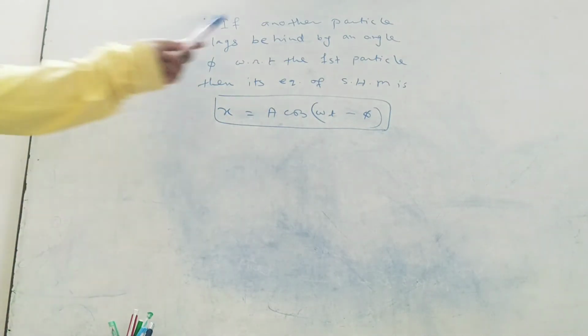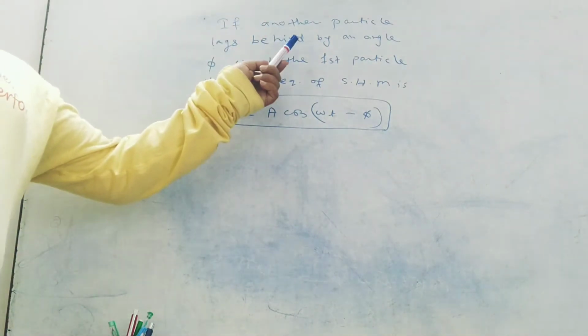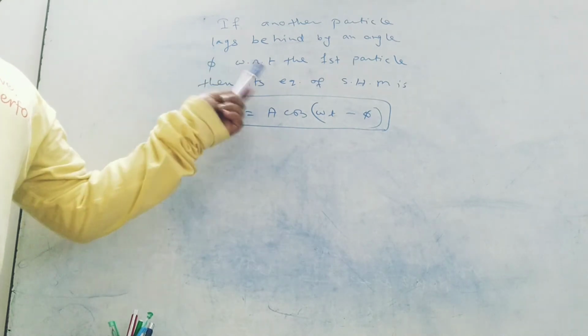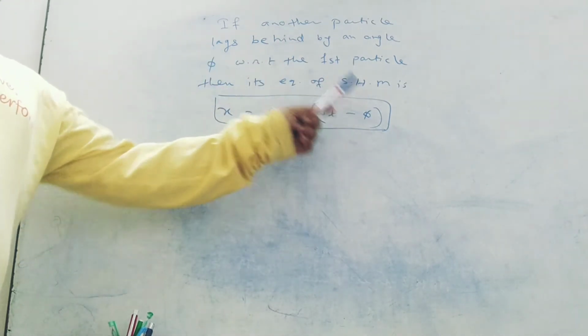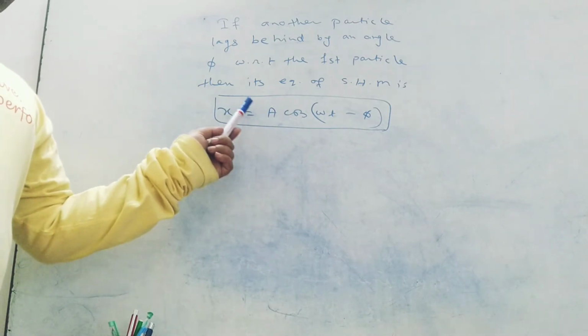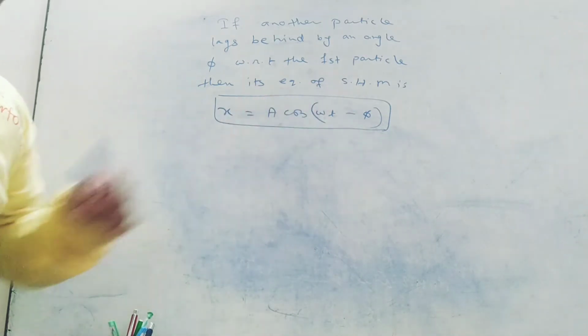If another particle lags behind by an angle phi with respect to first particle, then its equation of S.H.M is x equal to A cos omega t minus phi.